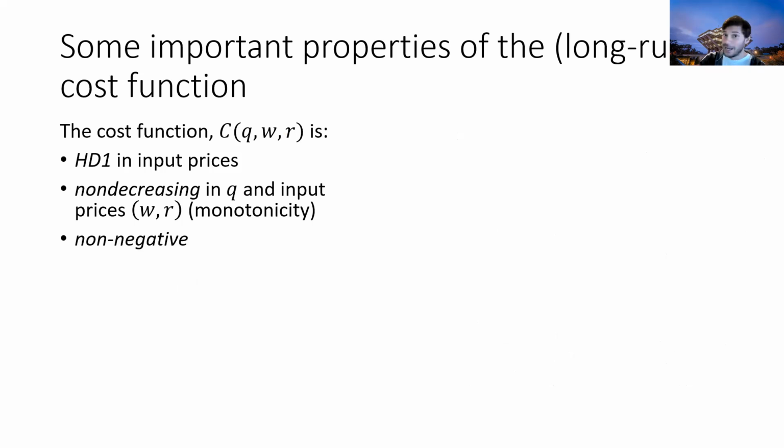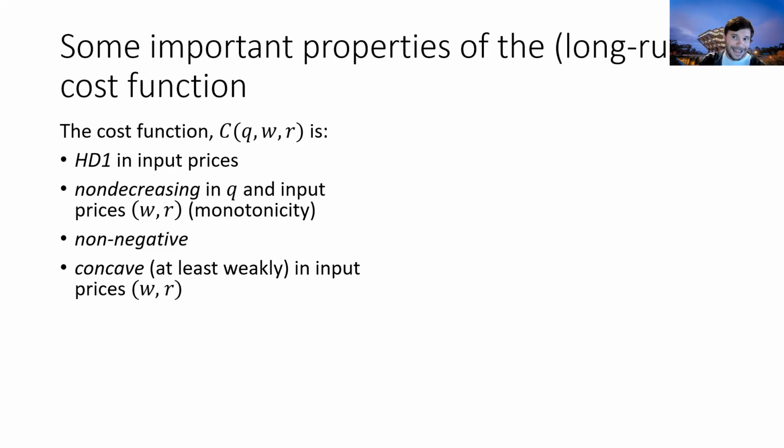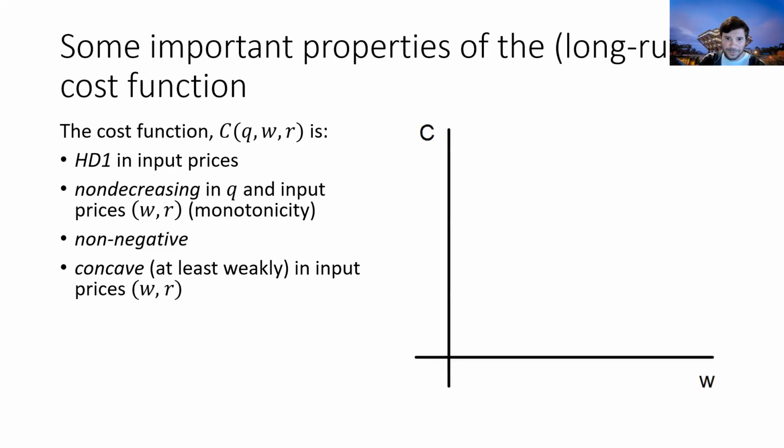It should also be non-negative. Cannot have a negative cost. Can have a zero cost, but not negative. And it should also look concave with respect to input prices. Concavity with respect to input prices means if we were to graph the cost with respect to an input price, then we should see that diminishing effect.